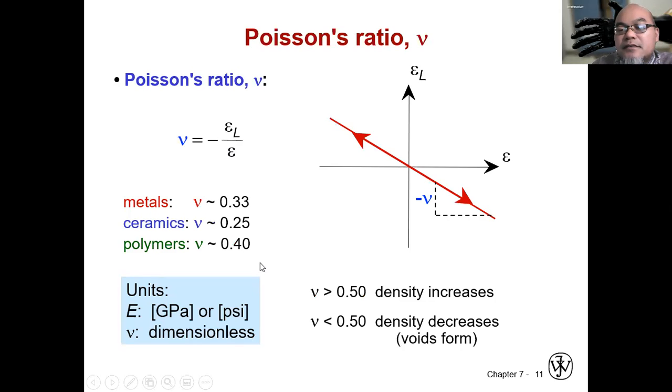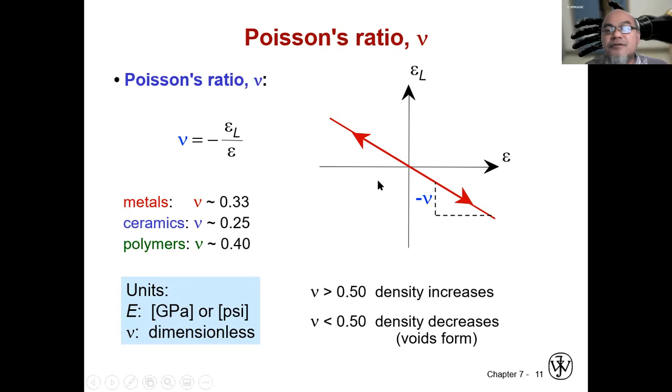When nu is large, it means that the material is easily deformed in the other axis when a tensile stress is given to that material. For example, polymers have a larger Poisson's ratio compared to ceramics and metals. The unit of nu is also dimensionless, so no unit.